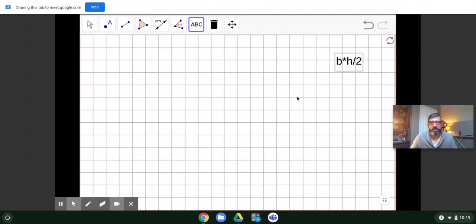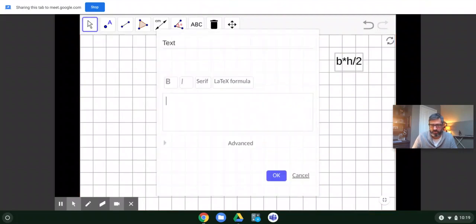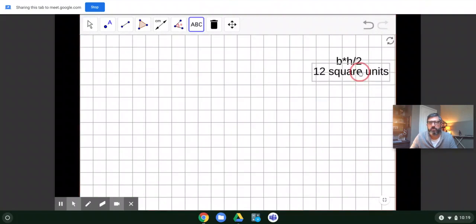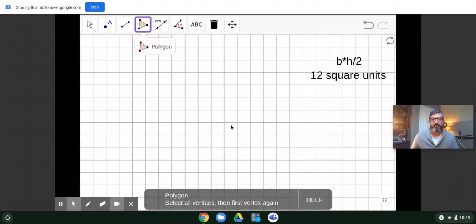And again, we know we need our triangle to be 12 square units. So if we were to make a parallelogram out of our triangle, we know we need the area of that to be twice as much, so it would be 24 square units. So let's see how we do that.